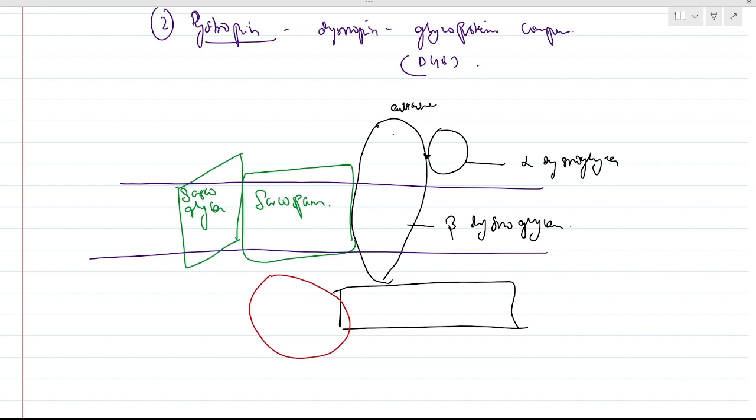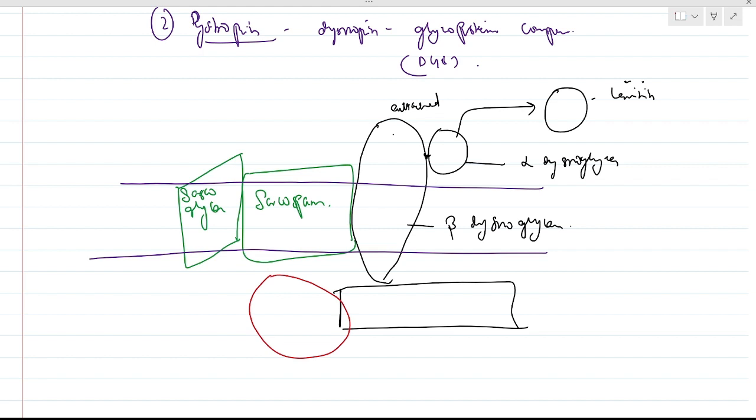Alpha and beta dystroglycan are attached to this. Another protein is attached to the alpha dystroglycan called laminin.